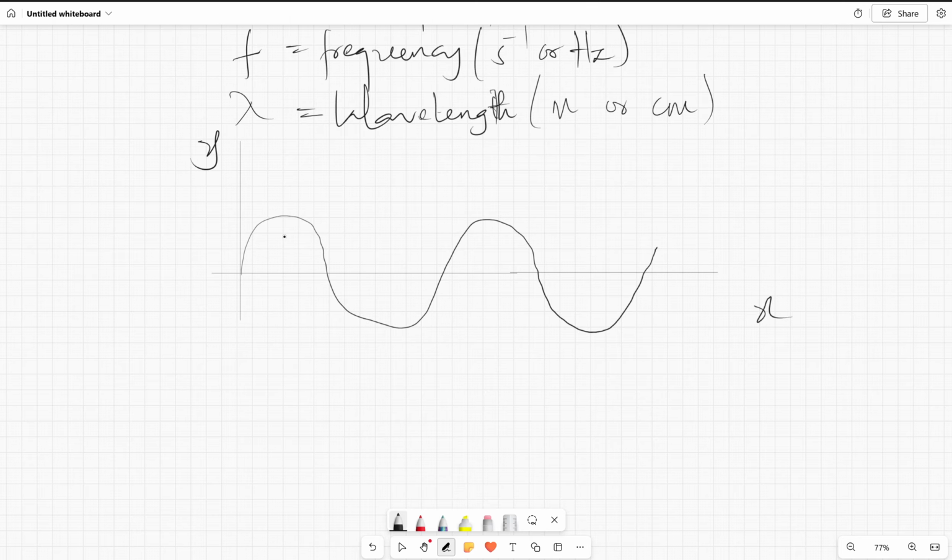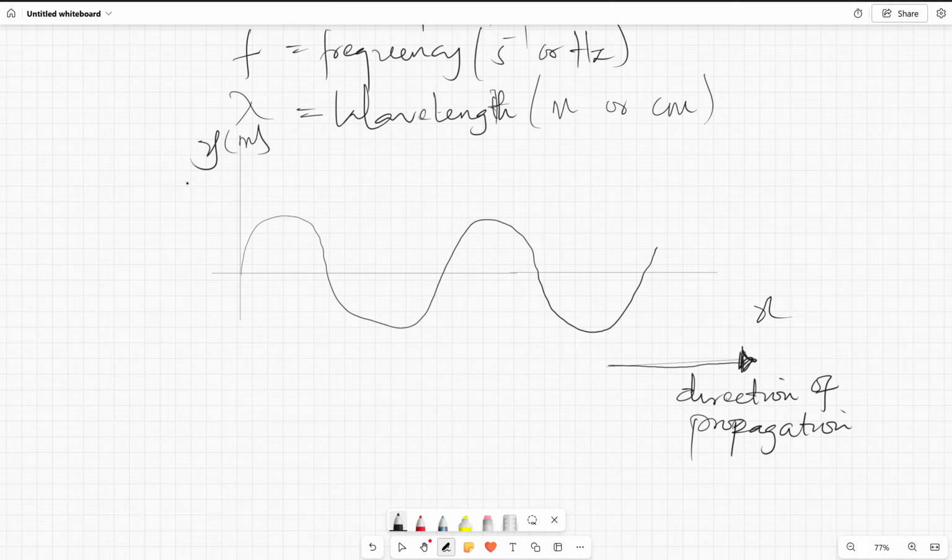Usually on the y-axis, measured in meters or centimeters, and on the x-axis, that is the direction of propagation.